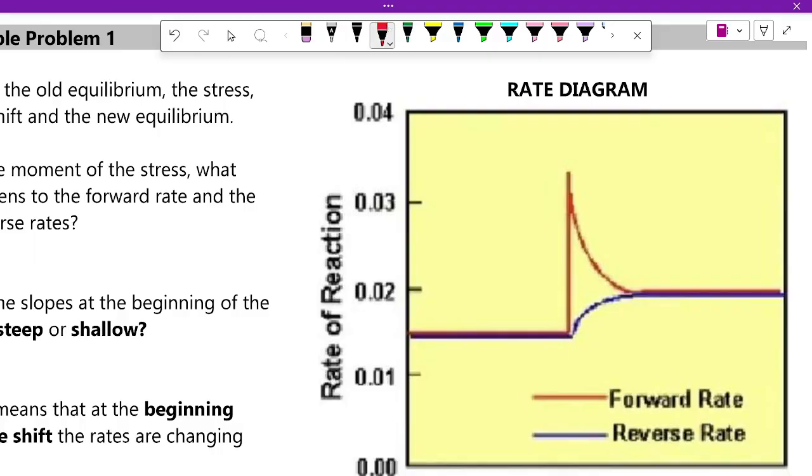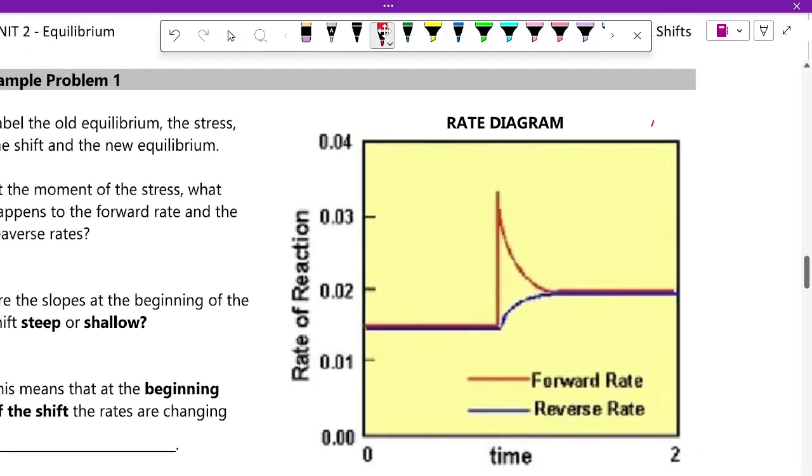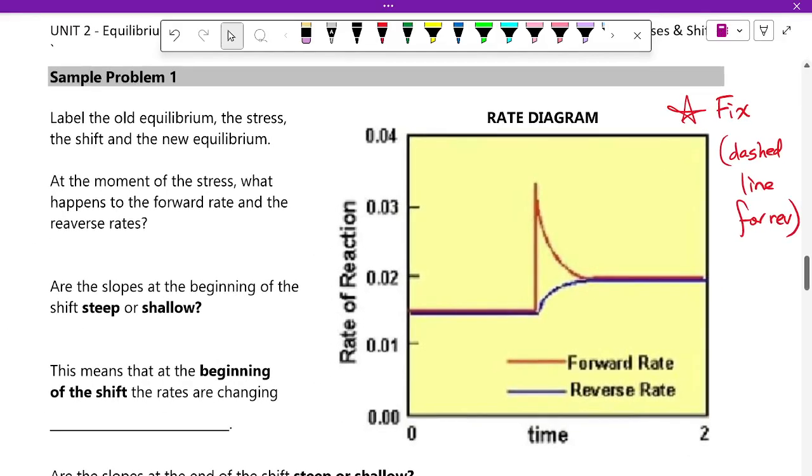The bottom one is reverse. I need to fix that. And then once you've done that labeling, you can answer the other questions.